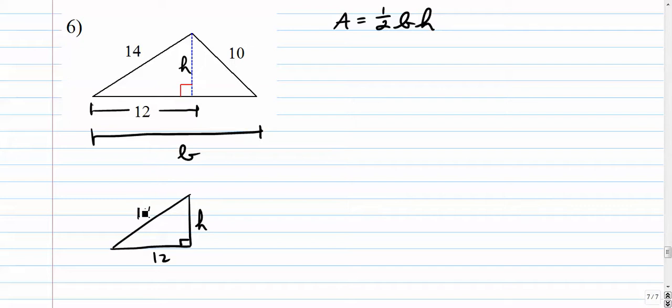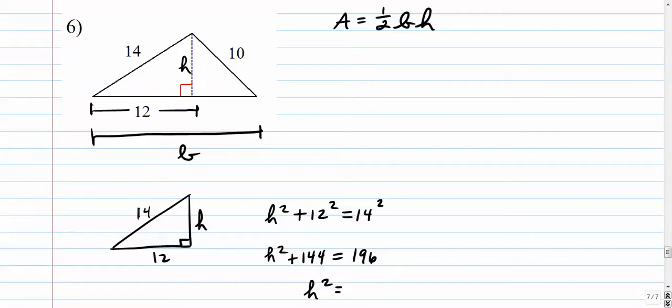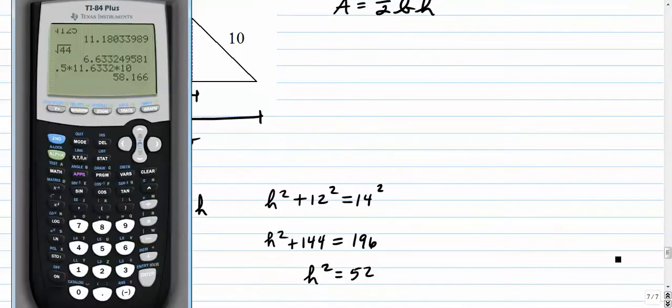12, and the hypotenuse is 14, so it's h squared plus 12 squared equals 14 squared. h squared plus 144 equals 196, so h squared, let's see, that's 52, I think. Yeah, that sounds right. I'll check that just to make sure, though.